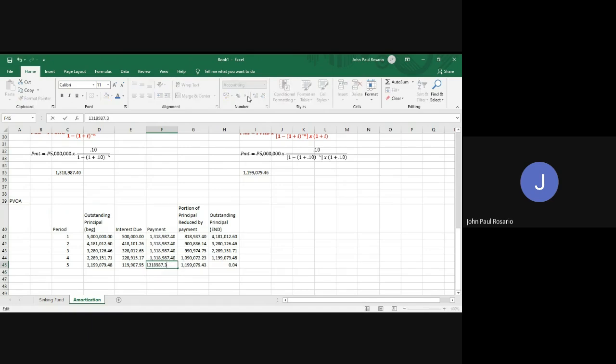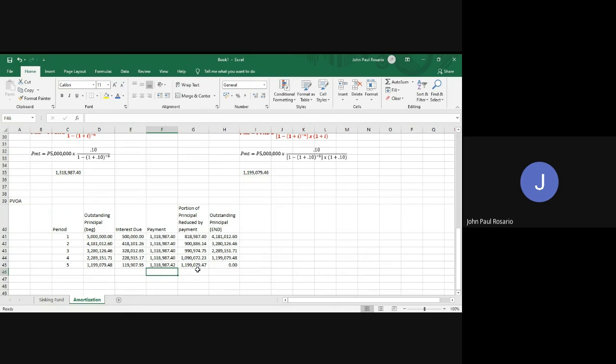Okay, 42. Now guys, before we continue, as you can see, in amortization, our payment is constant, and our outstanding principal is decreasing, and our interest due is decreasing as well, while on the other hand, our portion of principal reduced by payment is increasing.